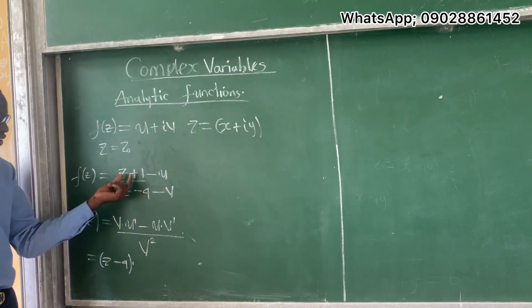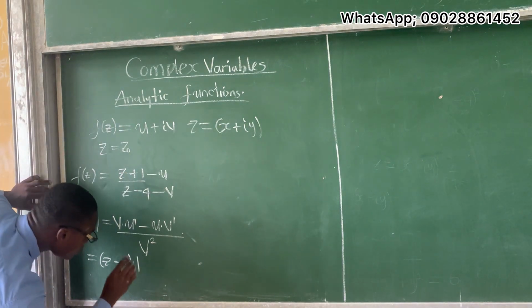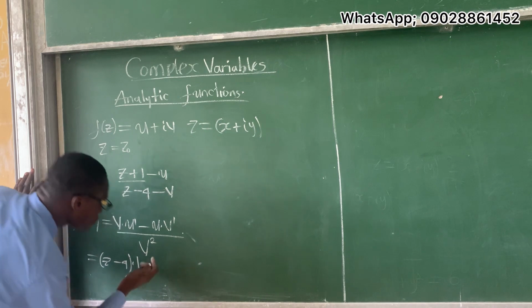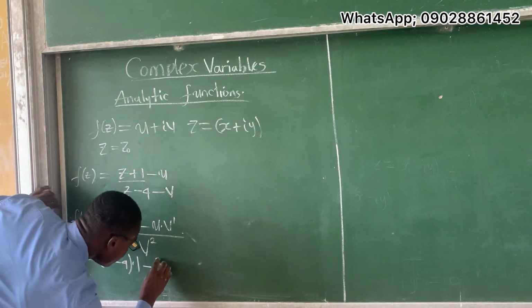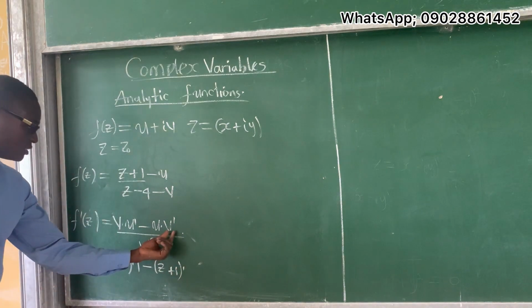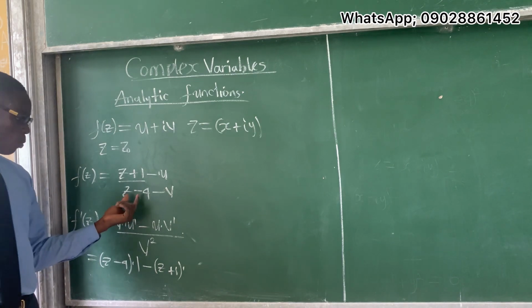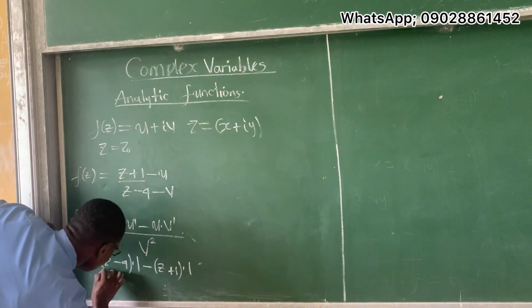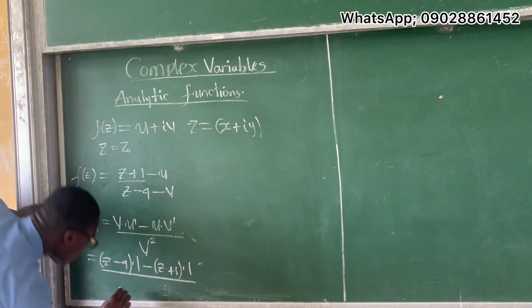And if you differentiate z plus 1 with respect to z, we are going to have 1. So multiply by 1, minus u, which is the top, and this is z plus 1 multiplied by the derivative of z minus 4, which is 1, divided by z minus 4 squared.